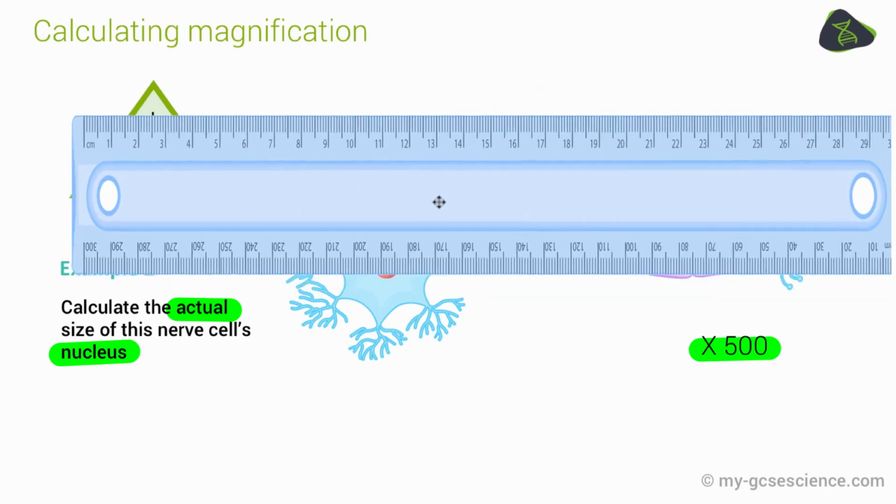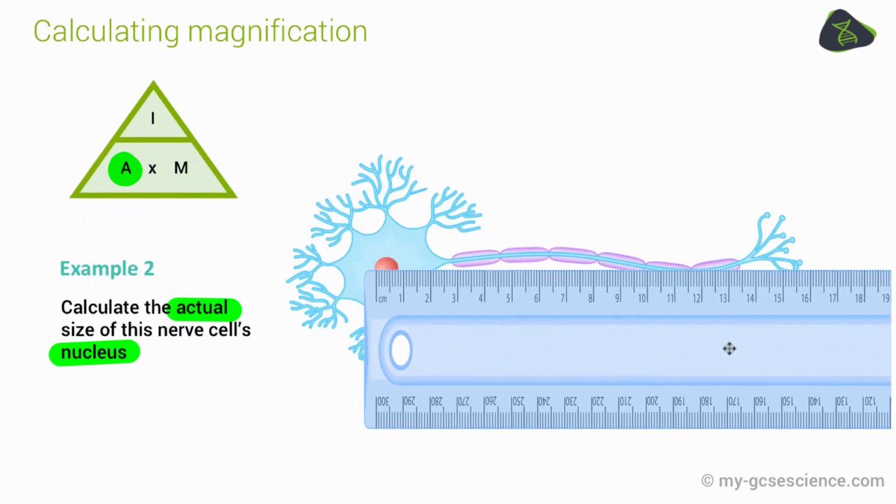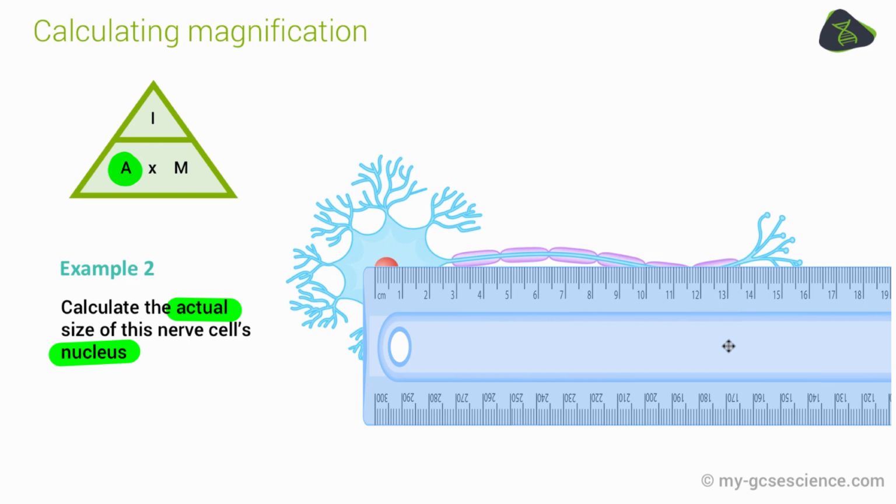So we bring in our ruler and we line it up again to measure the diameter of the nucleus, which is, I would say, 9 millimeters. So that's the image size equals 9 millimeters. Remember, we have to convert that into micrometers, so we'll just add a few zeros there.